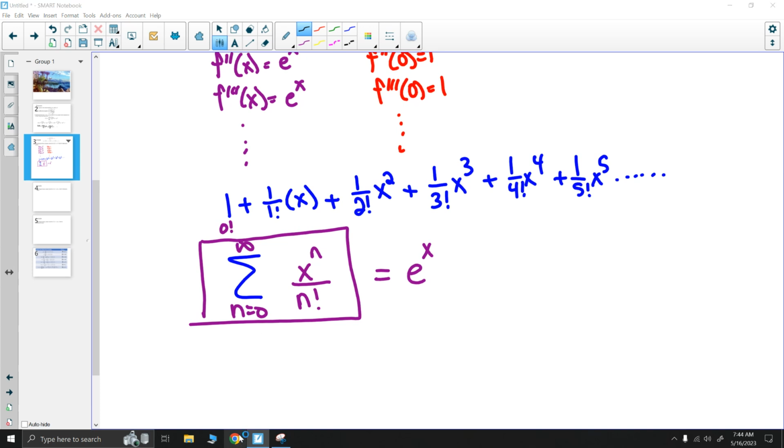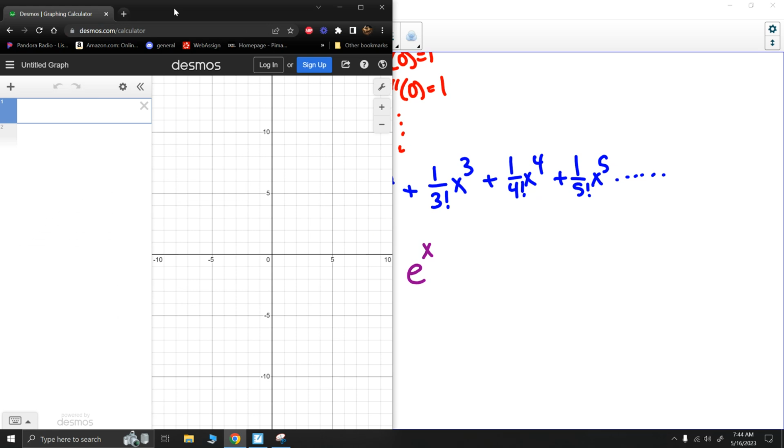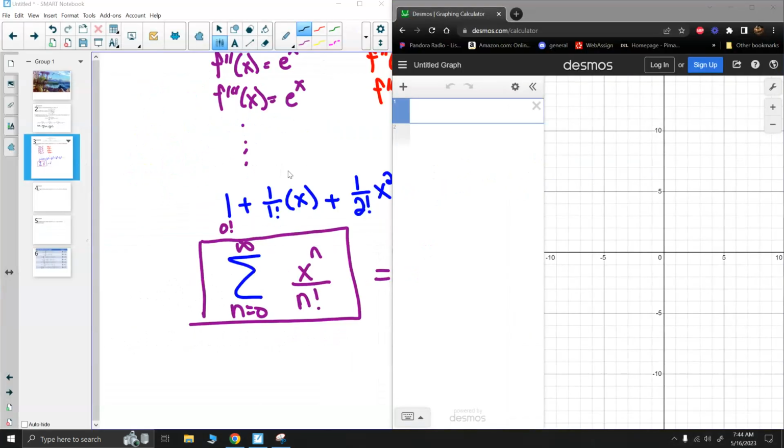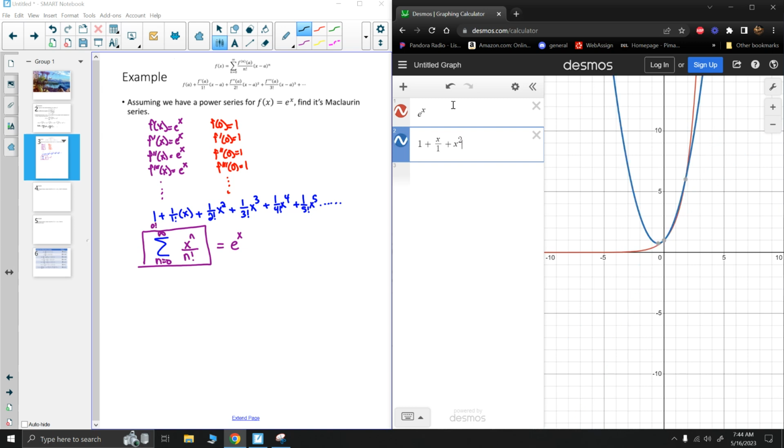We can actually see that if we take a look at Desmos here. If we look at e to the x, we have 1 plus x over 1 plus x squared over 2 factorial, which is just 2, plus x cubed over 3 factorial.